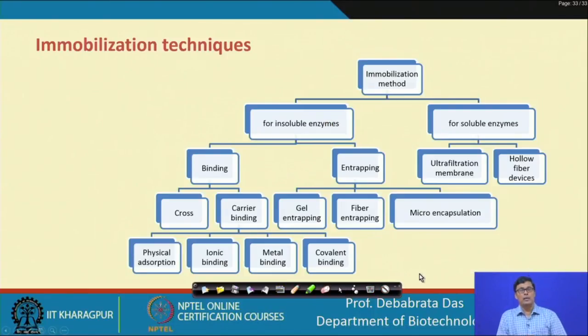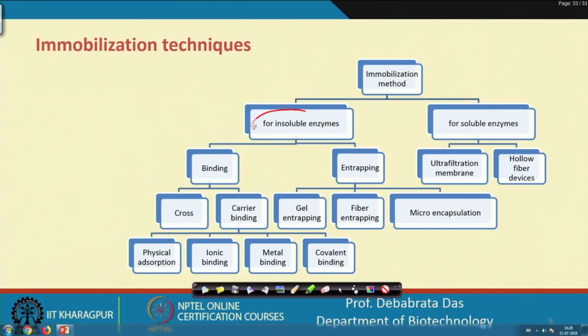Now, if you look at the immobilization techniques, there are different techniques, and broadly enzymes can be classified into two types: insoluble enzymes and soluble enzymes. In the case of insoluble enzymes, the immobilization techniques used are broadly divided into two types: binding and entrapping. Binding has different types: cross-linking and carrier binding.